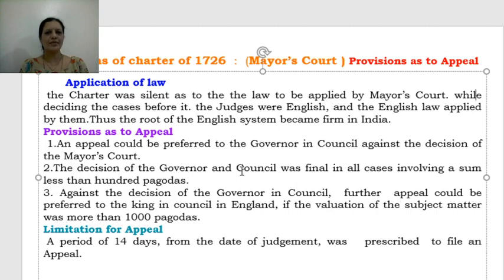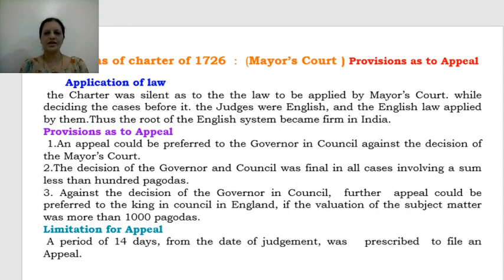Provisions as to appeal. First, an appeal could be preferred to the governor in council against the decision of the mayor's court. Second, the decision of the governor and council was final in all cases involving a sum less than 100 pagodas.